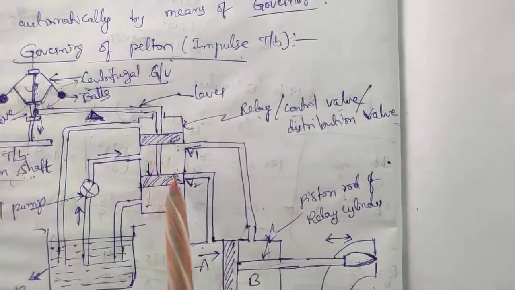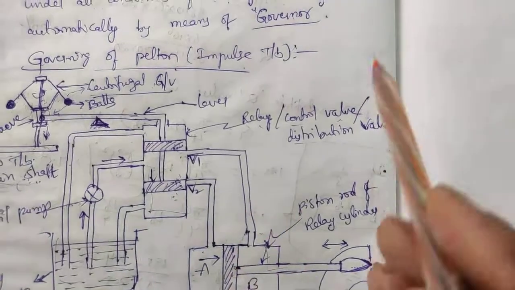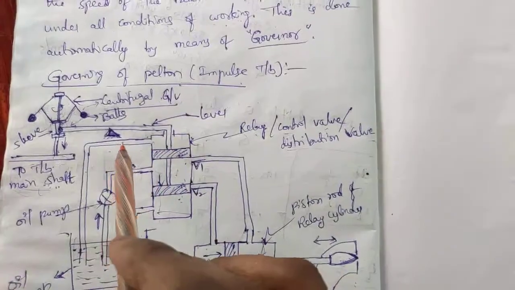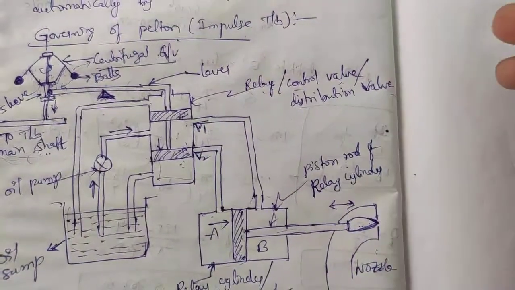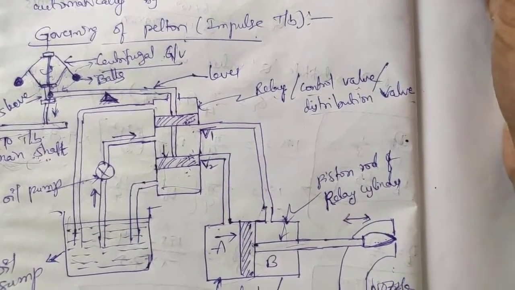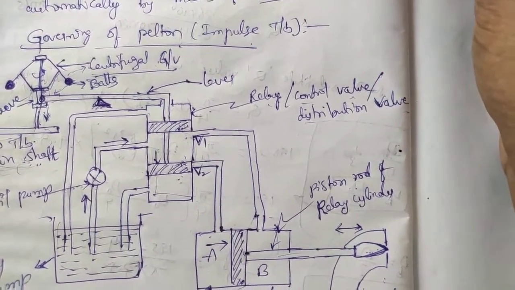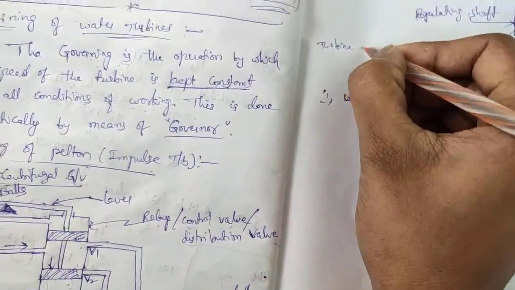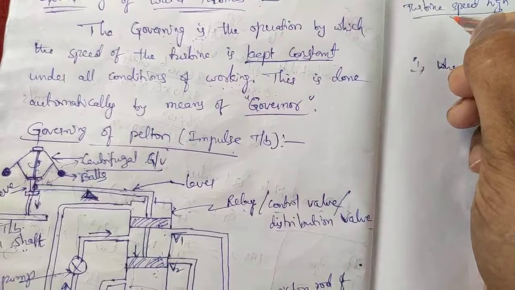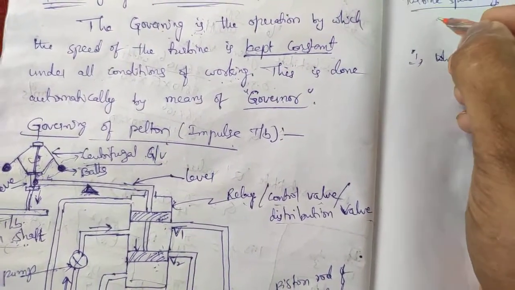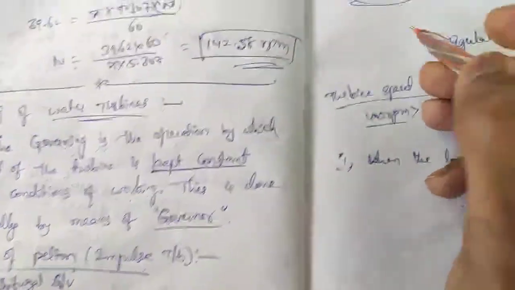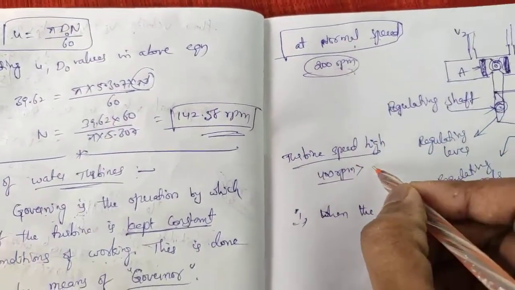So this position of cylinders is at normal speed. Let us assume this normal speed is 200 rpm. Initially, assume the turbine speed is high, that means 400 rpm, which is more than our assumed normal speed.